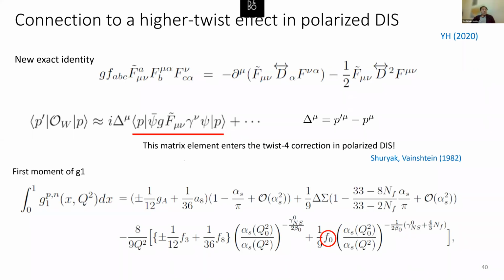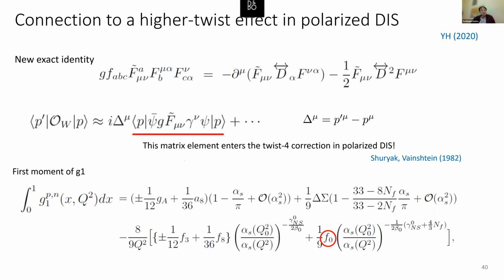So first, I derived this identity, which I think is new as far as I know. This is an operator identity. On the left-hand side, you have this Weinberg operator, and on the right-hand side, we have some dimension 6 gluonic operators.